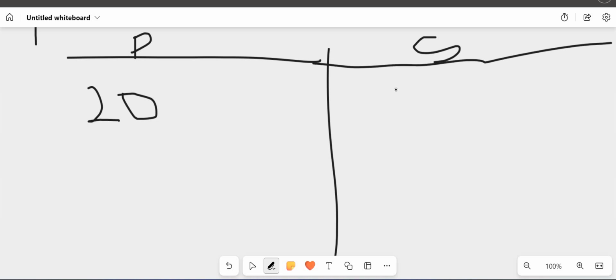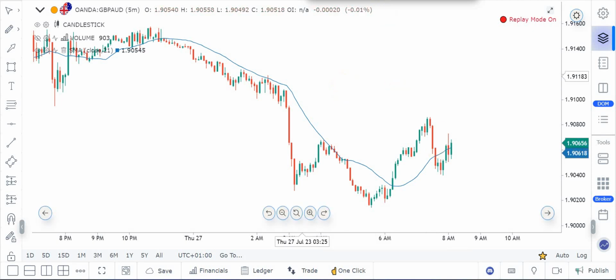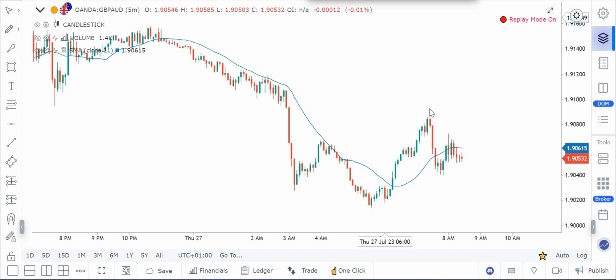So we have minus 10 here. Remember our starting equity is $1,000. So now we lost this and we made this. Okay, so let's try this again and see what luck we have.